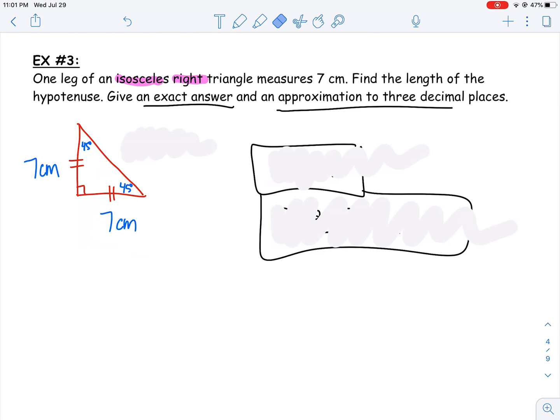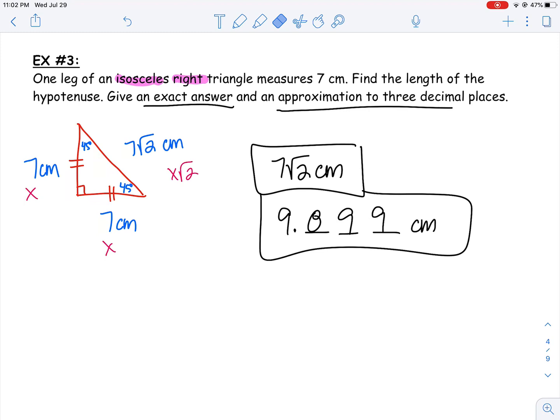If one of them is 7 centimeters, then the other one also has to be 7 centimeters because they're the same. If each of those are 7, and this side is x, and my hypotenuse is x rad 2, well, that would mean very quickly that my hypotenuse is 7 rad 2 centimeters.